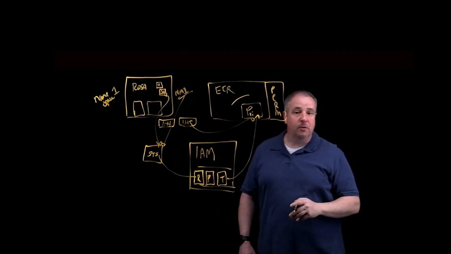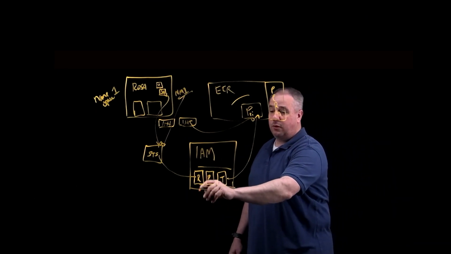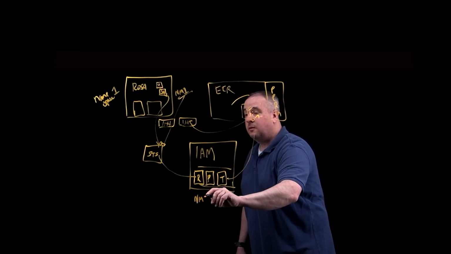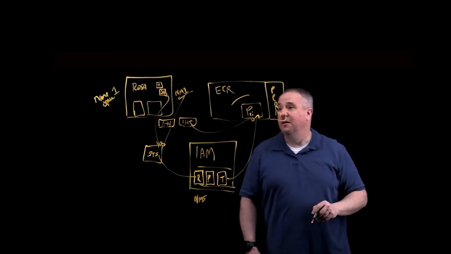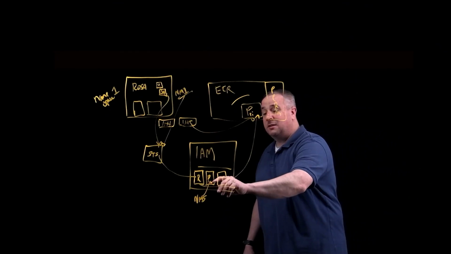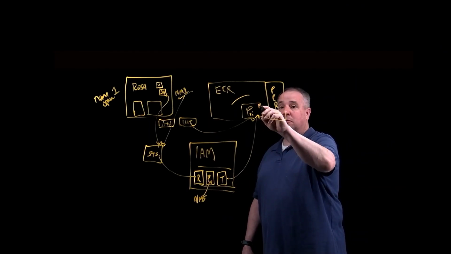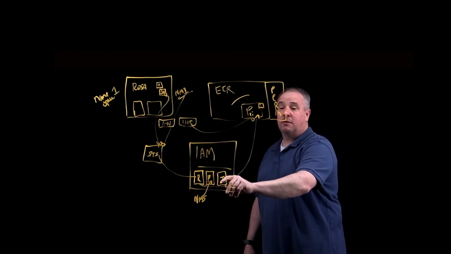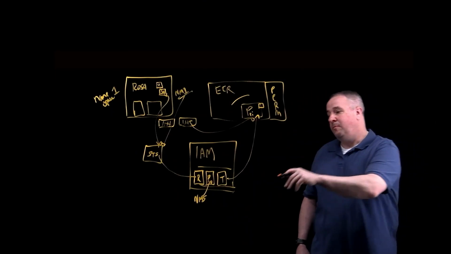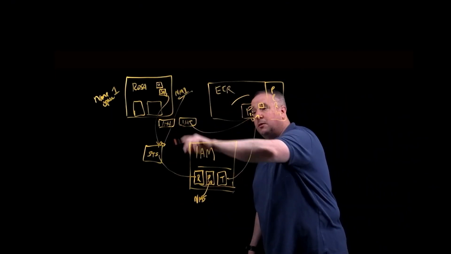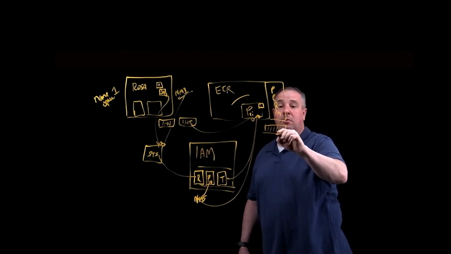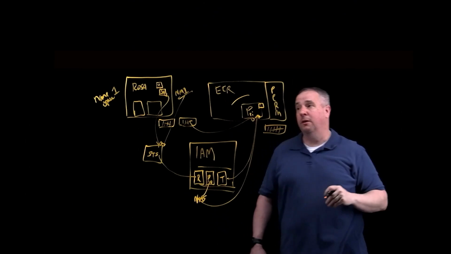I need to get my temporary tokens, which down here are going to have a role that is specific to, I put NM, but that's specific to, in this case, NM1. It's going to have policies that say, okay, I'm allowed to pull from this private registry, and then it's going to have a trust relationship that allows everything to be mapped together. So now as this user that's being assumed by ROSA, I can make the call, I can pull out my image from that private container, and then I can go ahead and deploy it.